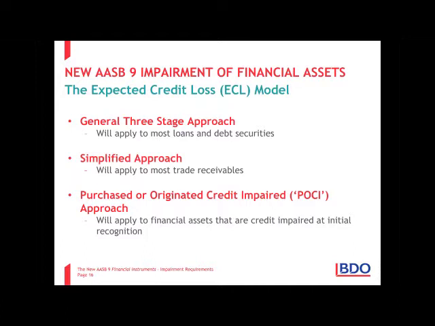And then there's a purchased or originated credit impaired approach. So that would only apply in limited situations, we're hoping, where financial assets that are credit impaired at initial recognition have been acquired. So on day one, the financial assets are already credit impaired.